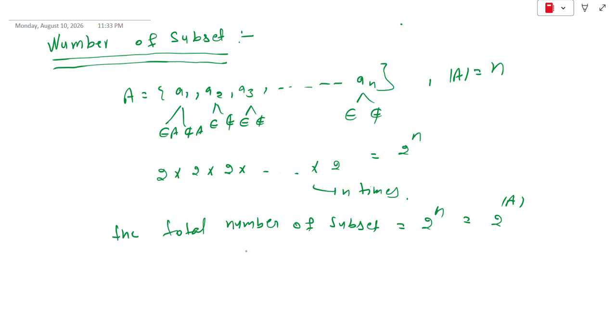So for example, let us understand this with an example. Let A contain two elements, a and b.